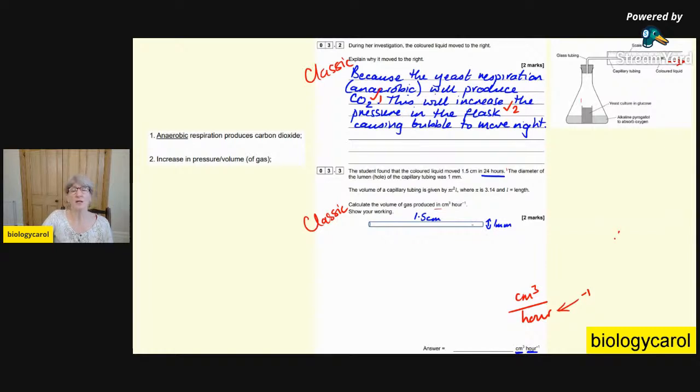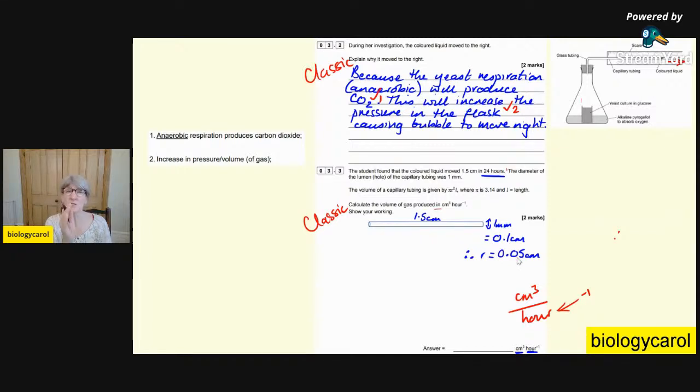Now, already I'm going, hold on, I've got centimetres here, but millimetres here. If they want centimetres cubed, I'm changing this into centimetres. 0.1 centimetres, okay? Because there are 10 millimetres in 1 centimetre. Now, that means that the radius is 0.05 centimetres.